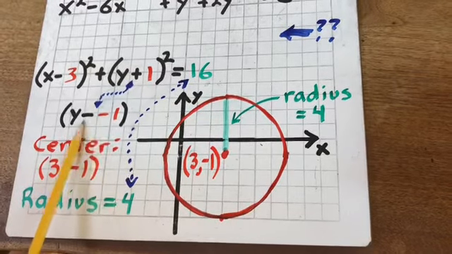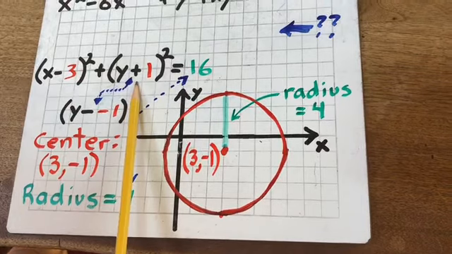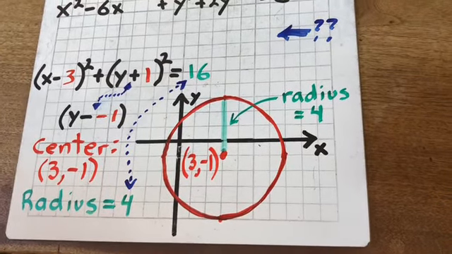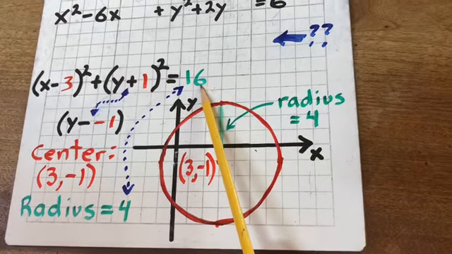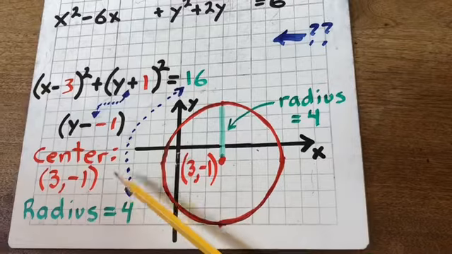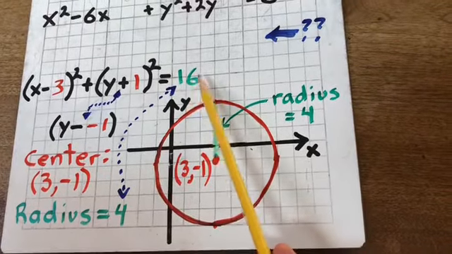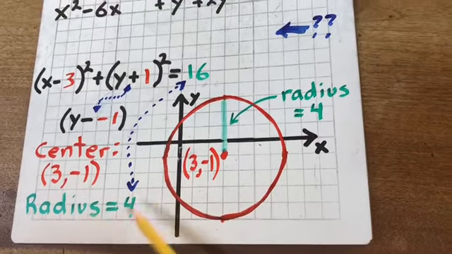Now, minus a negative is, of course, plus. All right, be careful about that. Where did the 16 come from? Well, the 16 is the radius squared. If you have the 16, you take the square root to get the 4. All right.